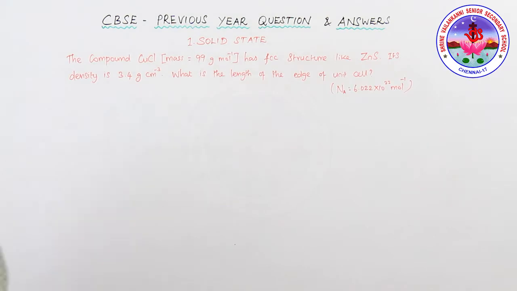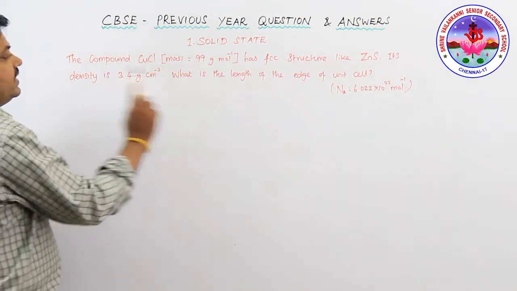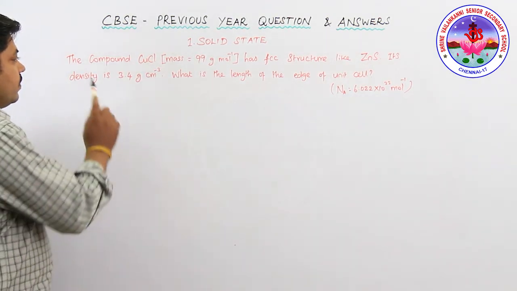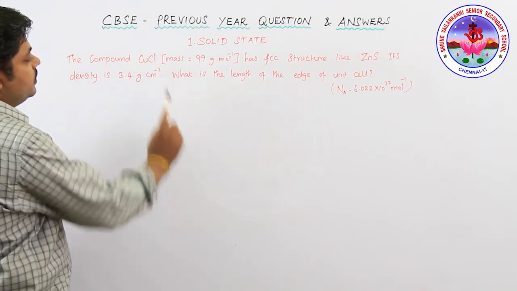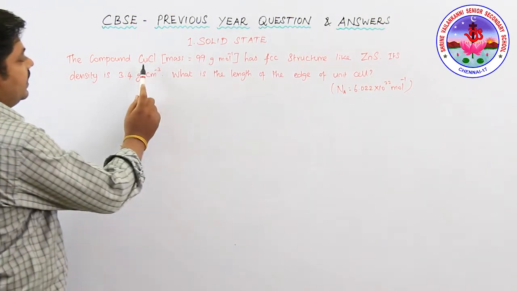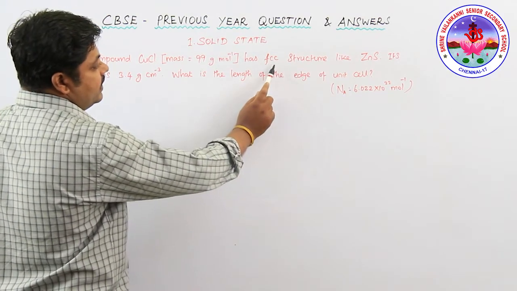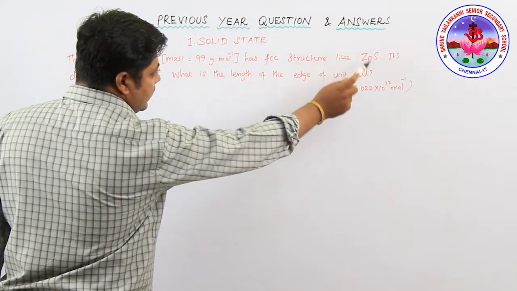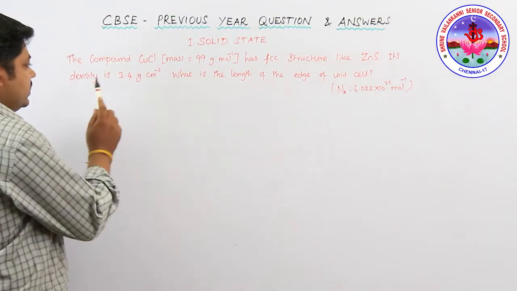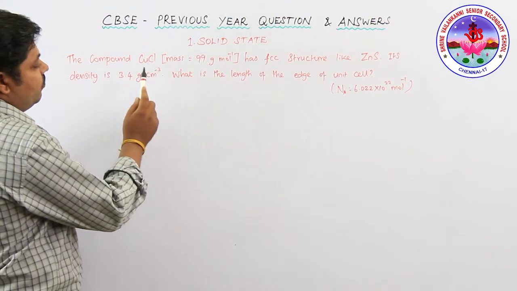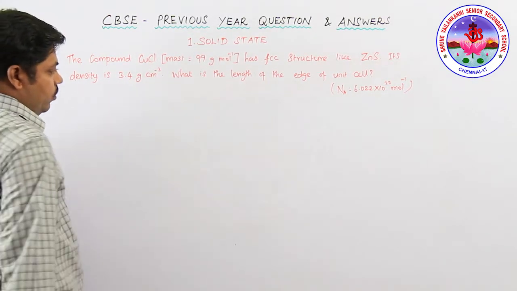Next the sum is a density based numerical. The compound CuCl, copper 1 chloride, has FCC structure, that is face centered cubic structure like zinc sulfide. So its density is 3.4 gram per centimeter cube.